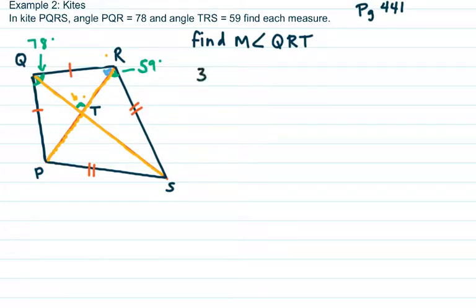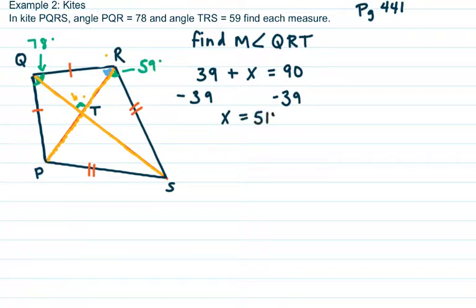So I'm going to say 39 plus something, x, some number, equals 90. Okay, if I subtract 39 from 90, so 90 minus 39, I'm going to subtract this from both sides. That's going to give me the x, 51.